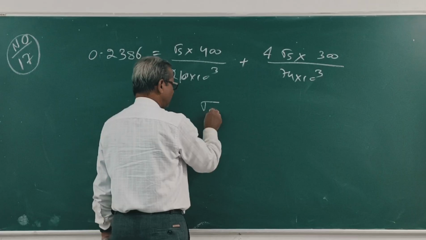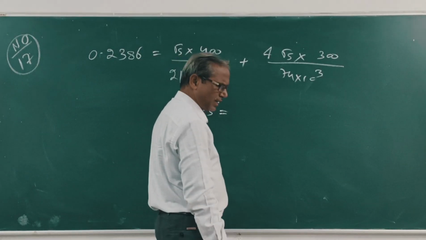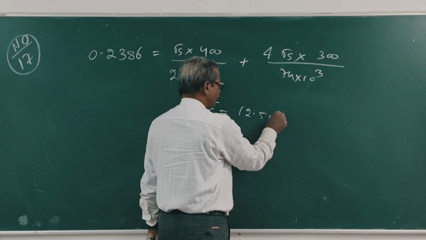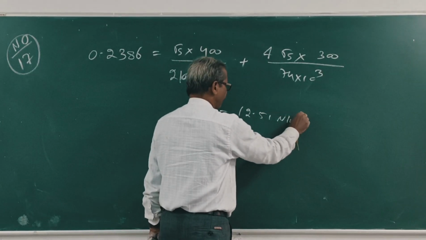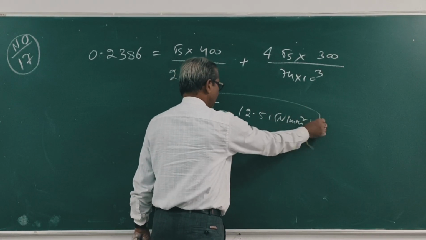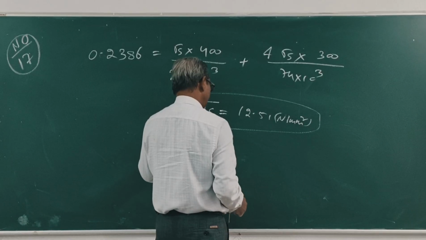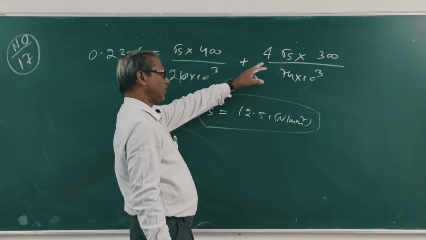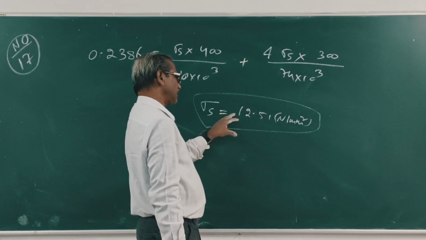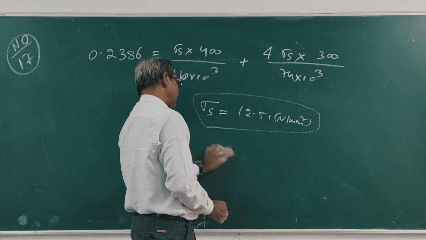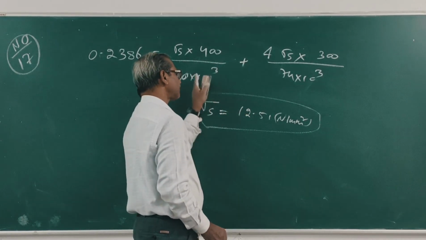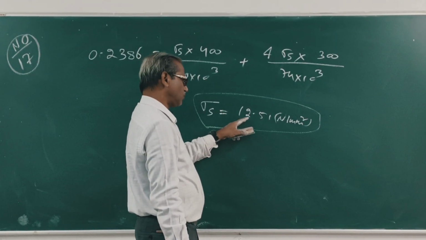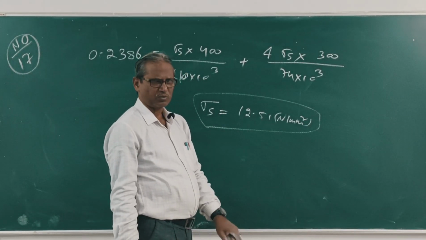Sigma S becomes 12.51 Newton per mm square. Clear? After solution, this becomes 12.51 Newton per mm square.